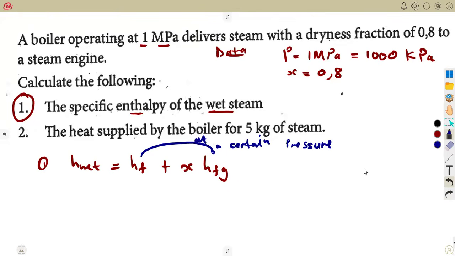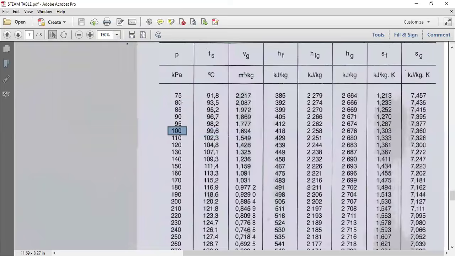That's why we are supposed to have that pressure. So with the pressure of 1,000 kilopascal, what is HF for the enthalpy of water and HFG for that of the evaporation? So let's go to our steam table under the pressure. If we consider our steam table, you're going to notice this is our 100.